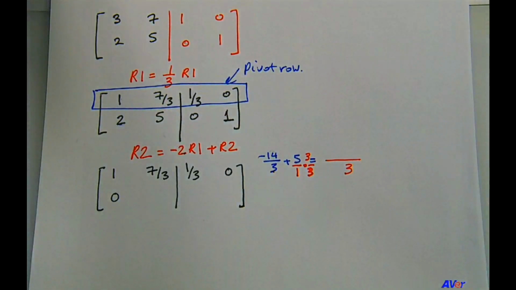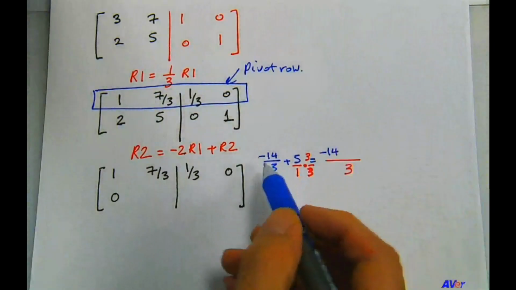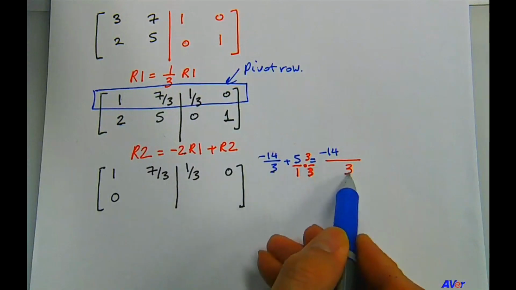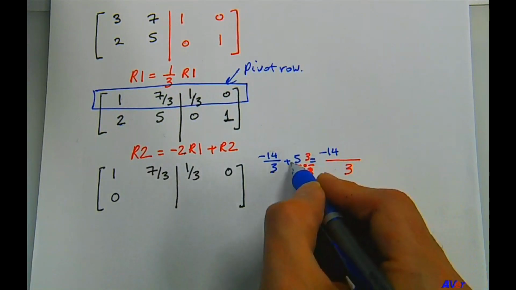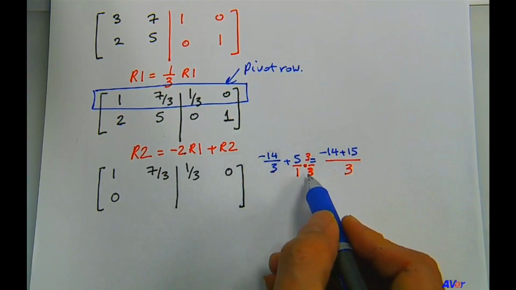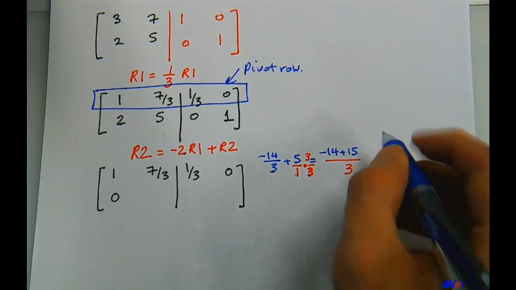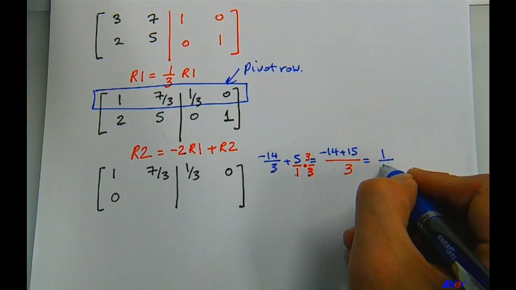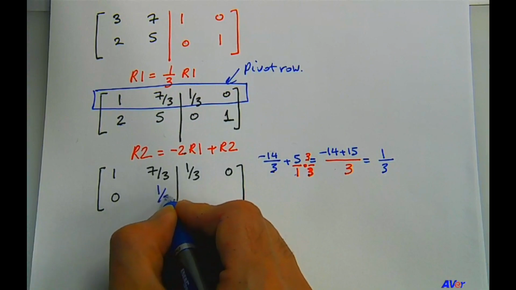So we have -14 from the first fraction, plus 3 times 5, 15, over 3 times 1, which is 3, the common denominator. So -14 plus 15 is 1 over 3, and that's what we will enter in this spot.